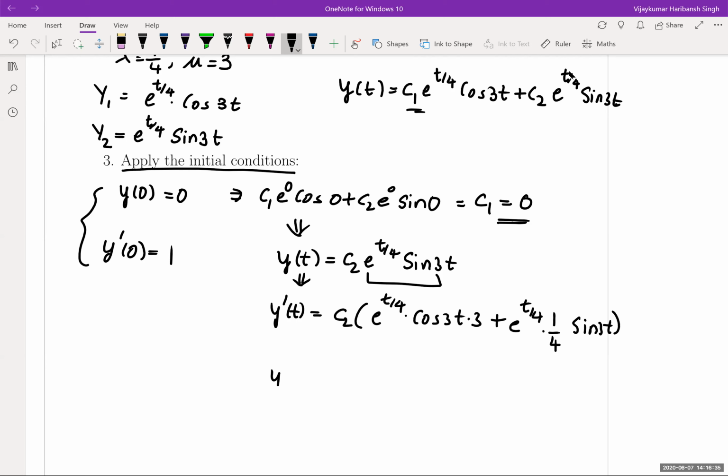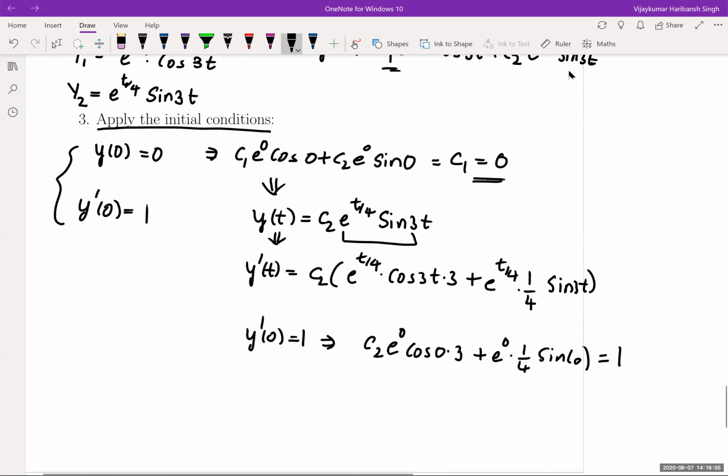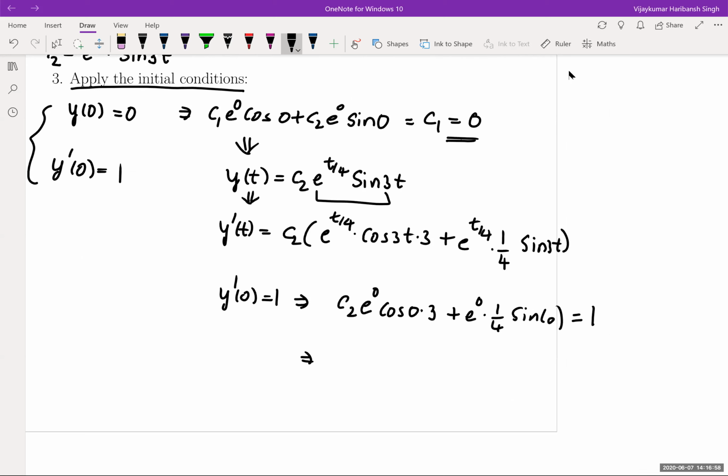And we get y prime of 0 equals 1. This implies C2 e to the power 0, cos 0 is 1, so cos 0 times 3 plus e to the power 0, 1 by 4, sine 0 is 0. And this turns out to be 1. So I get C2 times 3 plus 0 is 1. So C2 equals 1 over 3.